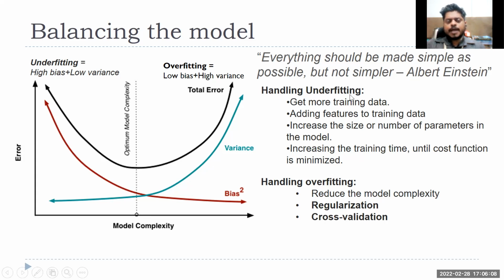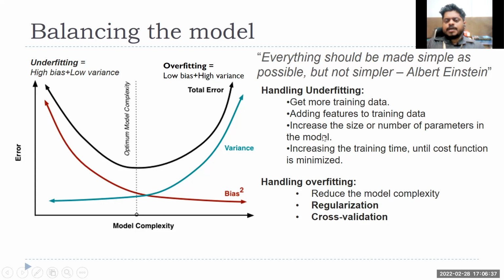So how do you handle underfitting? Underfitting is basically higher bias, which means you have a very simple model. So either get more training data, or run your model with as much training data as possible, and add features to the training data. Adding features means adding more independent variables, so your model becomes a little more complex and tries to predict better.